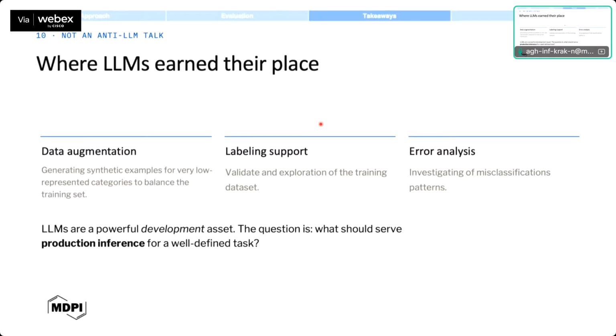So we had some loops here, using LLMs to actually improve the model. LLMs are very powerful at the development phase. And the question is more whether these kinds of approaches or models should be used for production inference for a very well-defined task.